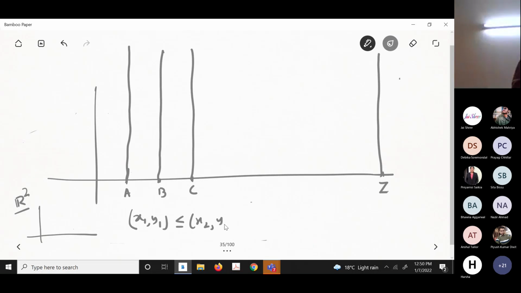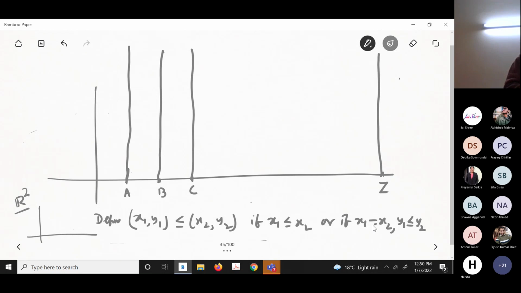I will define: (x1, y1) is less than or equal to (x2, y2) if x1 is less than or equal to x2, or if x1 equals x2 but y1 is less than or equal to y2.